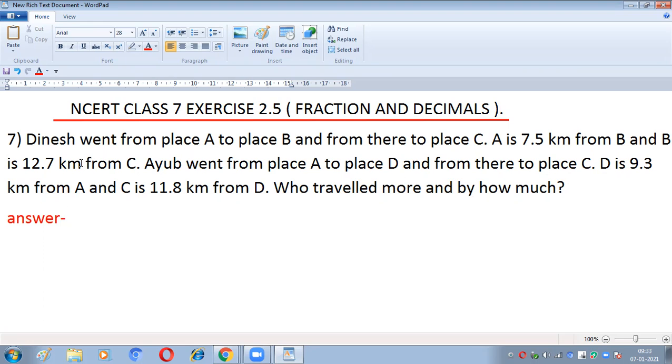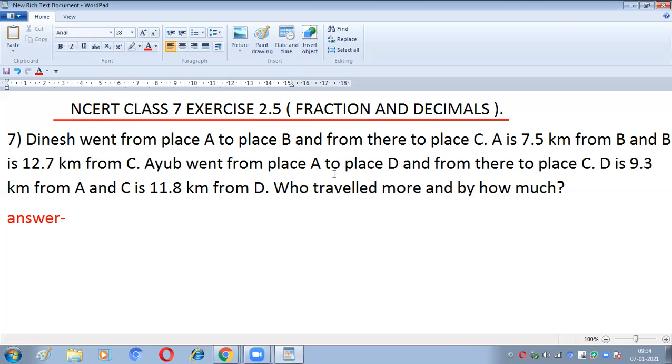So friends, here we have two children, Dinesh and Ayub. Dinesh went from place A to place B, which means he traveled the distance from A to B and then from there to C. The distance of A to B is 7.5 km and from B to C is 12.7 km.